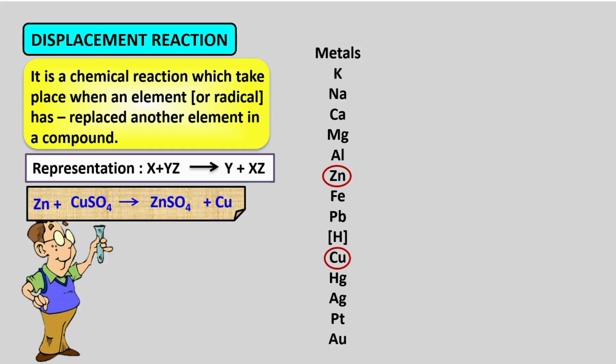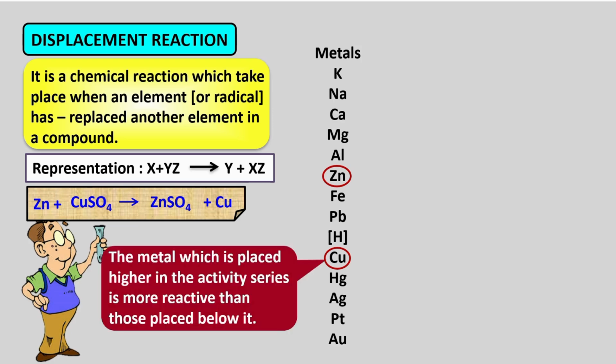Metals: K, Na, Ca, Mg, Al, Zn, Fe, Pb, H, Cu, Hg, Ag, Pt, Au. The metal placed higher in the reactivity series is more reactive than those placed below it.